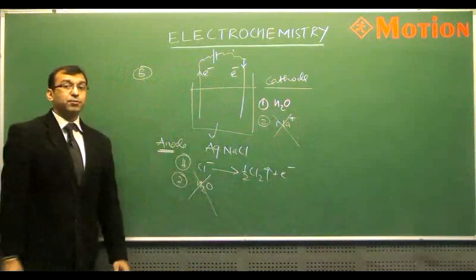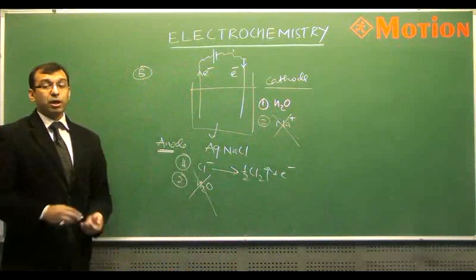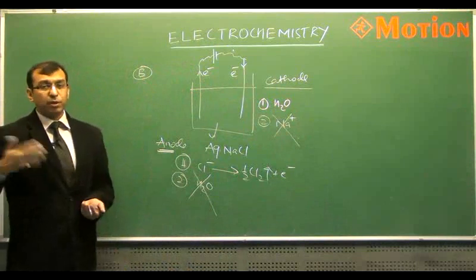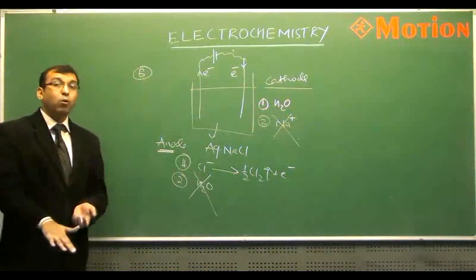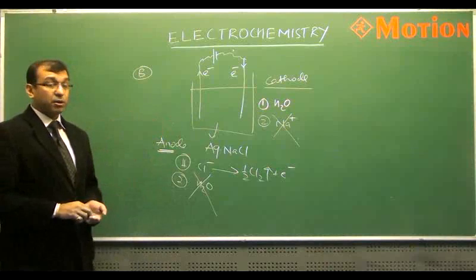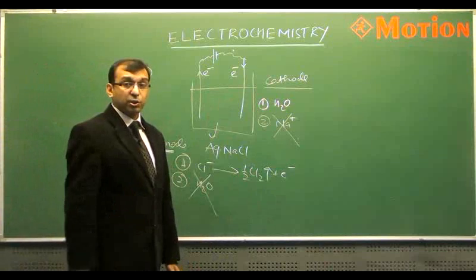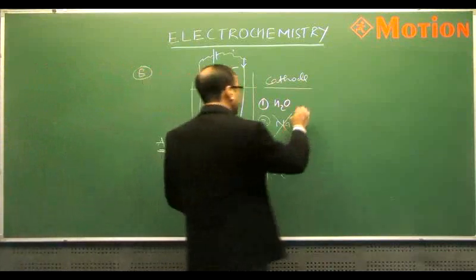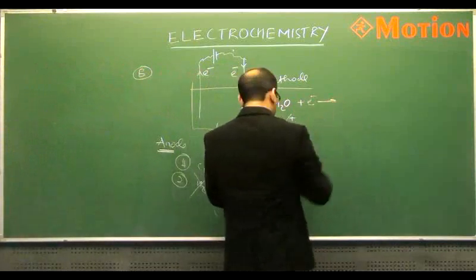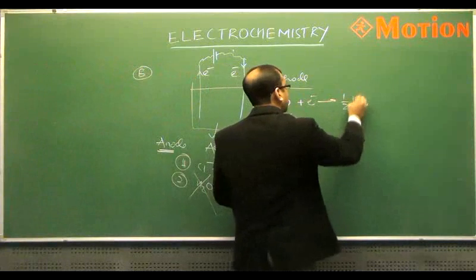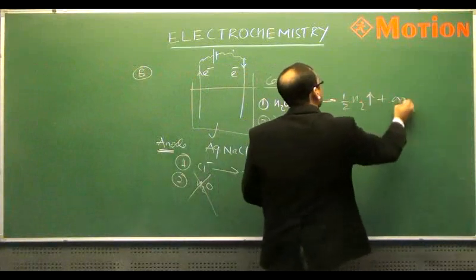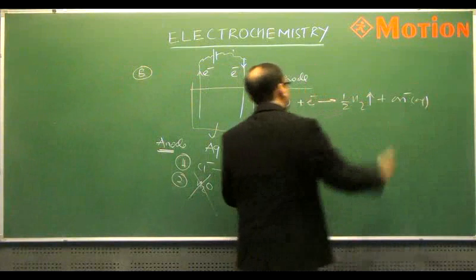It means water will accept the electron, not the active metal. We know active metals, lithium, sodium, potassium, aluminium, magnesium, are below water in the cathodic reduction potential preferential discharge table. So water will accept the electron and will form half of H2 gas plus OH minus aqueous.